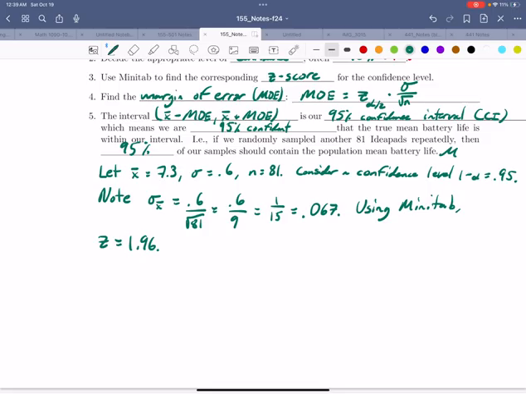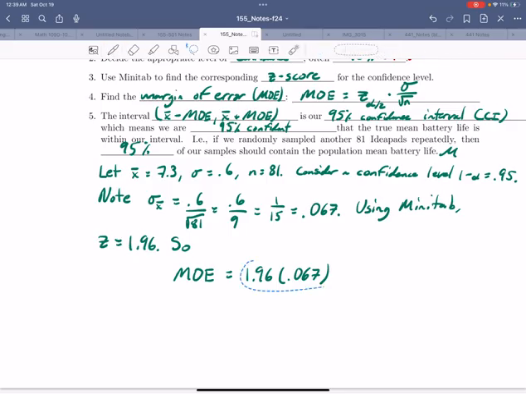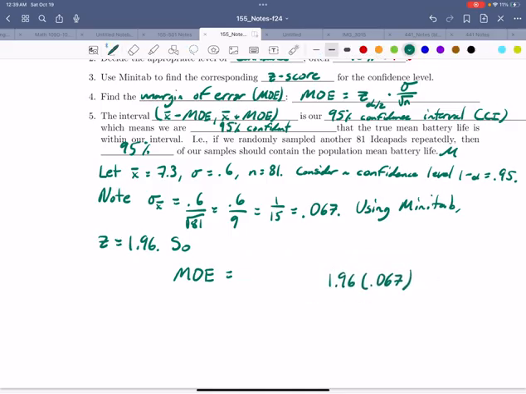So anyway, we have our z-score. So our margin of error is going to equal 1.96 times 0.067. Right? Maybe just to be clear where I got those numbers from, this is going to equal z times our standard error.